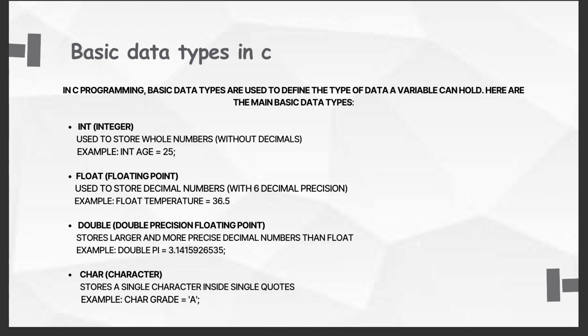Int, used for storing whole numbers like counts, flags, or state values. Float, used for decimal values. Double, similar to float but with more precision, used when calculation requires accuracy. Char, stores single characters like mode indicators or status symbols.